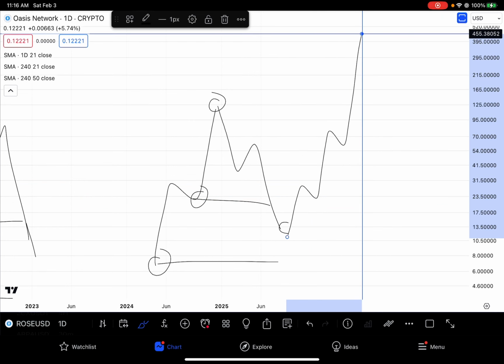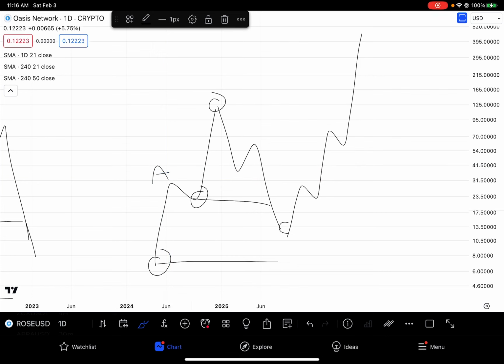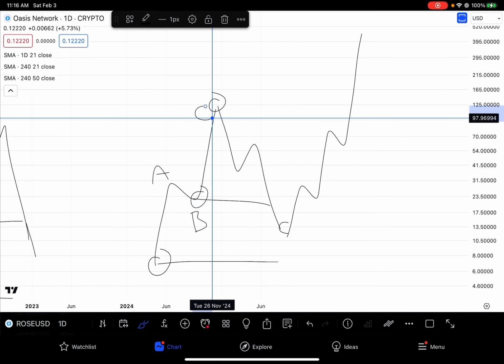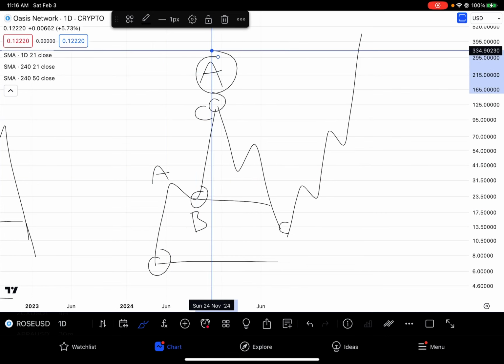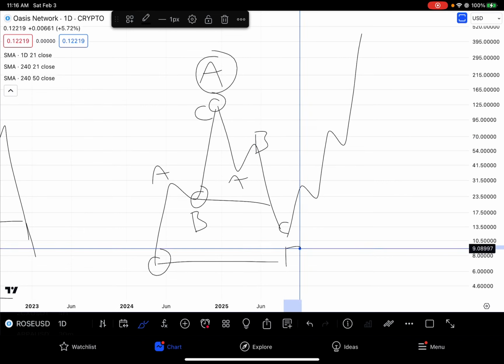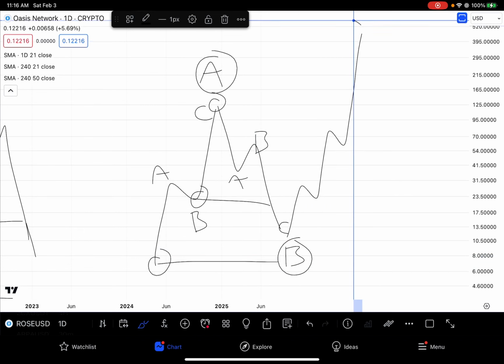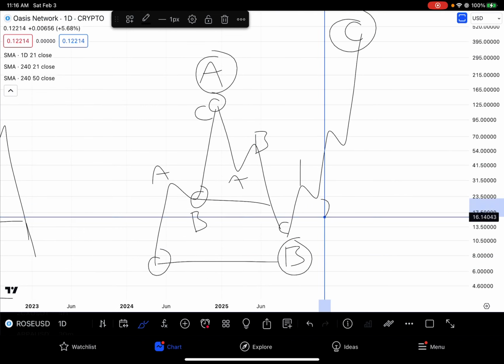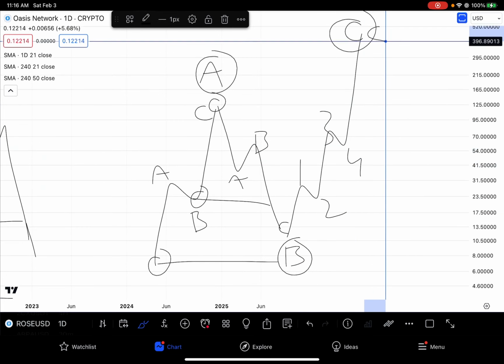So you have an A, B, C, and this would be considered your A wave. And then you have an A, B, C, and this would be your B wave. And then you have a C wave to the upside in a 5-wave fashion.